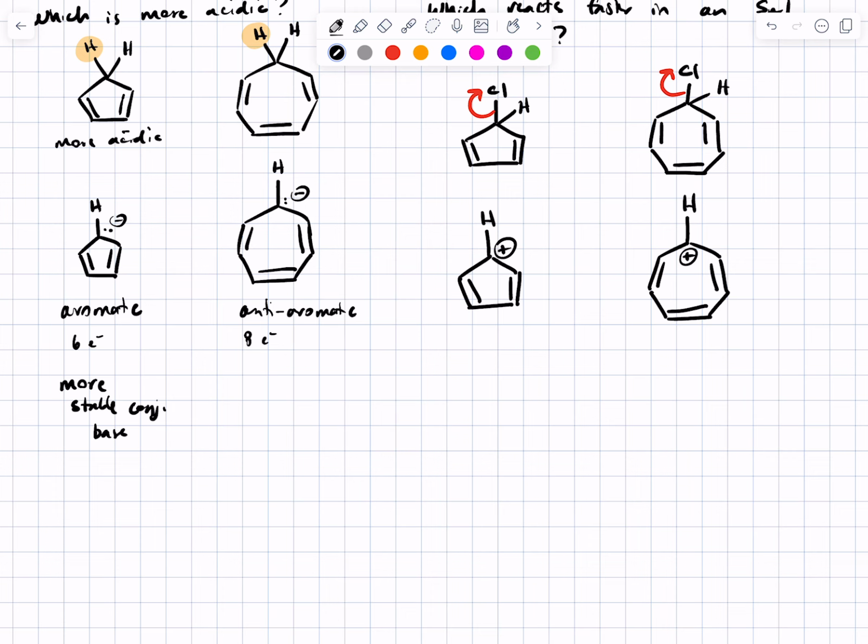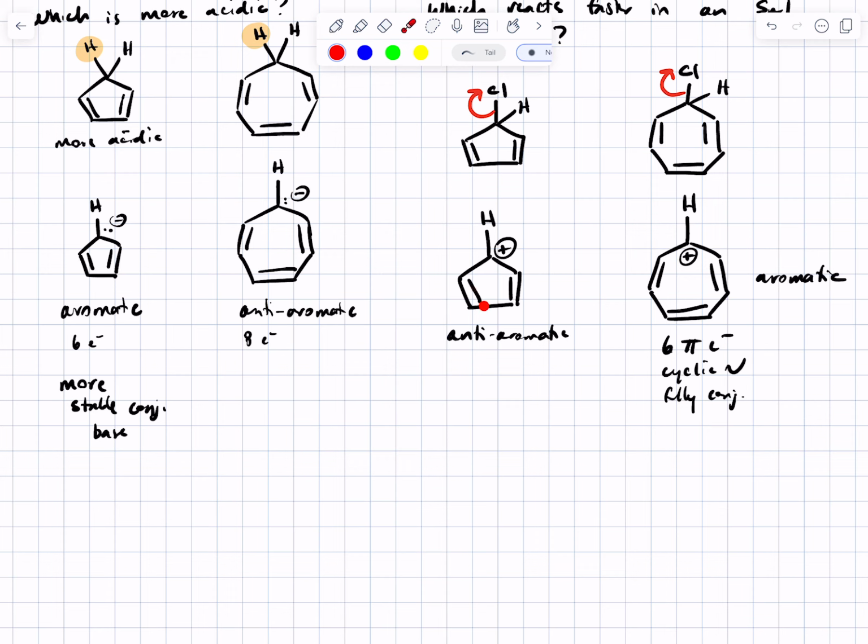the cycloheptatrienyl cation has 6 pi electrons. It's, as we see, cyclic and fully conjugated. It has the right number of pi electrons, so it would be aromatic versus the cyclopentadienyl cation, which would be anti-aromatic. The difference is in the number of pi electrons here, right?